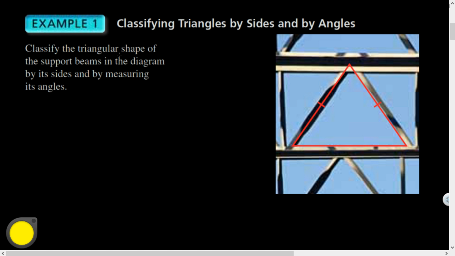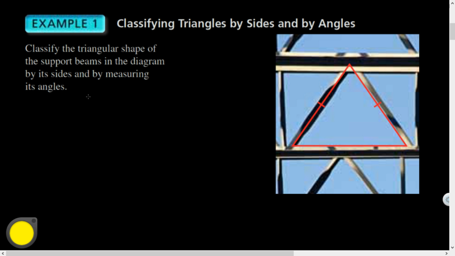Classify the triangular shape. I don't even know if I believe this is a triangle. This is just a triangular shape. Yeah, I guess. Of the support beams in the diagram by its sides and by measuring its angles. So guys, according to the sides, what type of triangle do you suspect that will be?